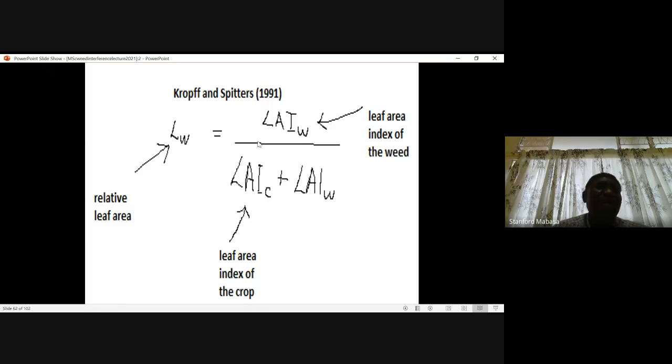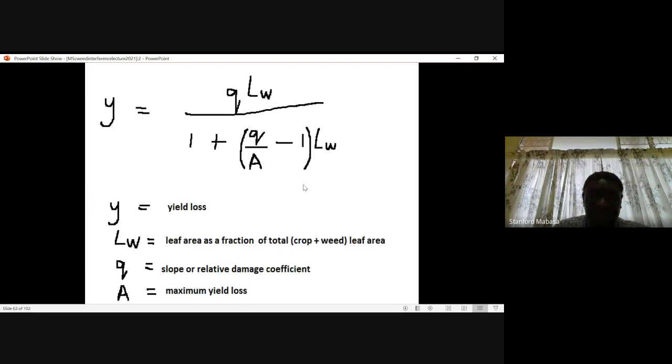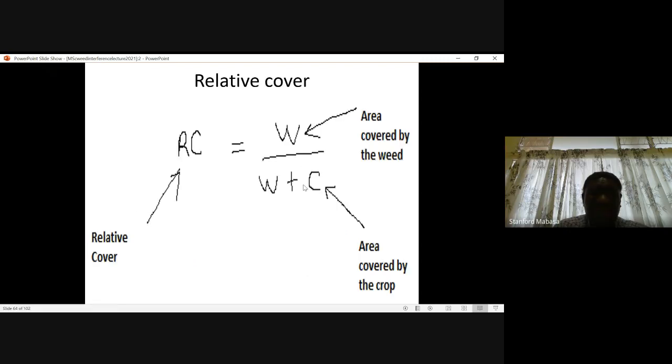That is the drawback for this method. Maybe just counting weeds using the Cousens method may be better. But this one you can estimate whilst in the field. You can say the area covered by the weed could be 50% or 60% or 80%.